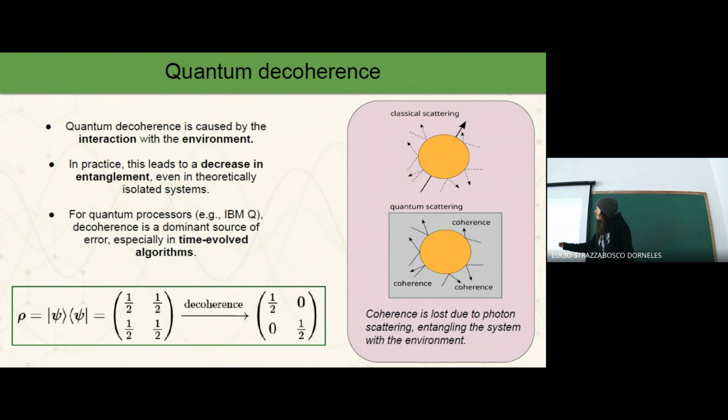When we have a really strong decoherence process, this matrix becomes a diagonal matrix, and we say that we lose coherence because the off-diagonal terms start to decrease. In the strong case, they become zero. This is pretty much what happens when we go to quantum computers, one of the main issues.